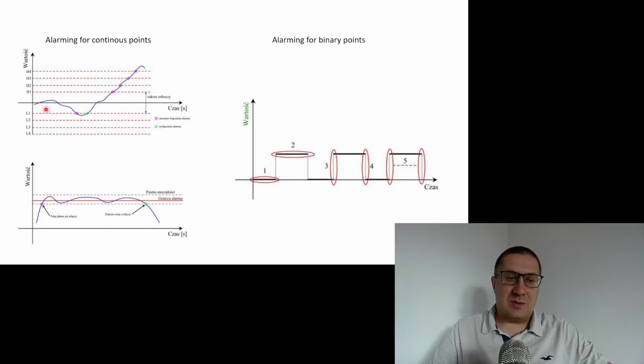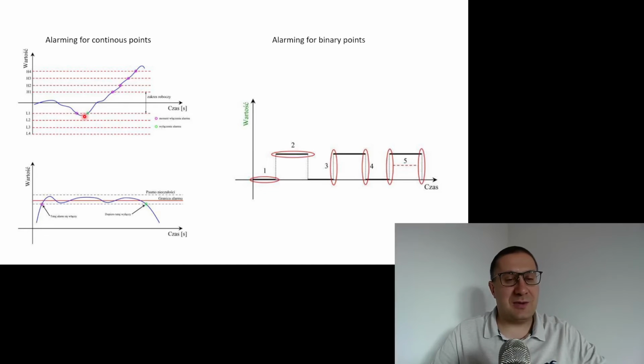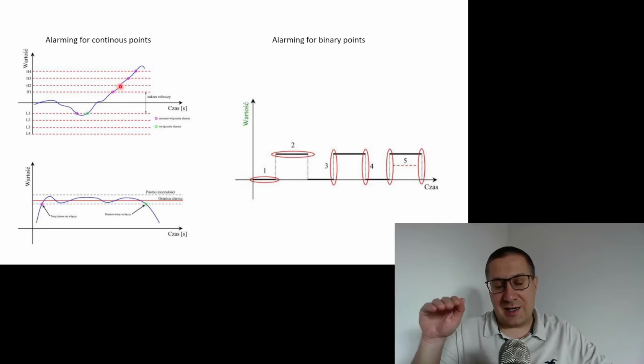So let's say this is the sensor value. If it hits the first threshold, we will raise the alarm, the warning. This signal has too low a value. Then maybe the operator will do something with this. The value will increase, but it will start to hit the higher thresholds.